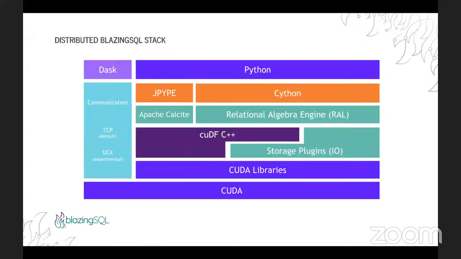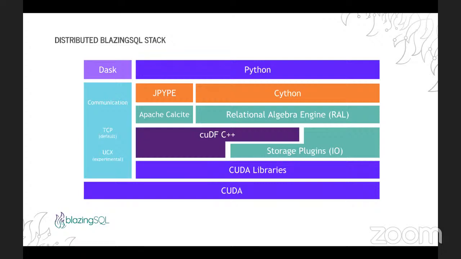In terms of the distributed data science stack, BlazingSQL sits on top of CUDA and CUDA libraries. We heavily use the underpinnings of cuDF, the C++ side, and also storage plugins, which are shared between cuDF and BlazingSQL itself.